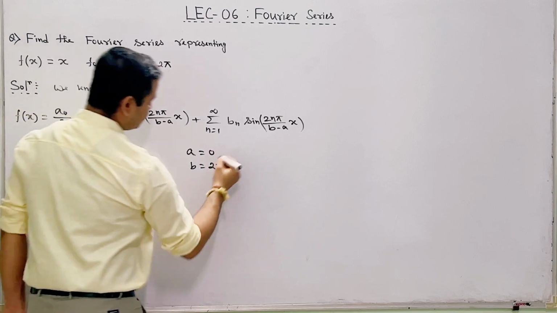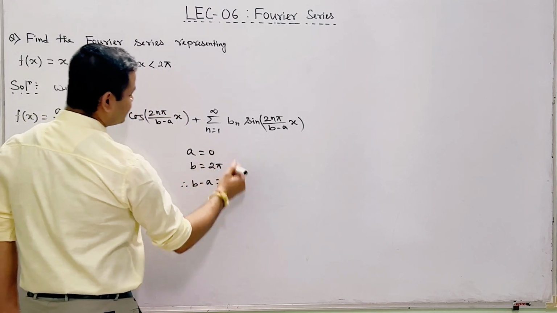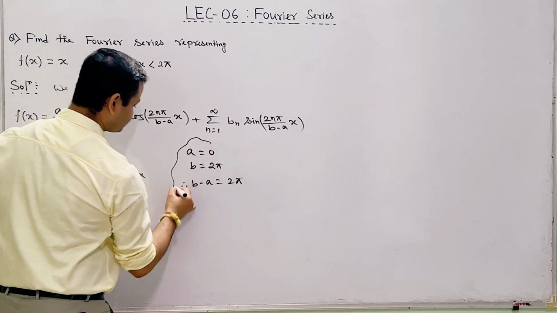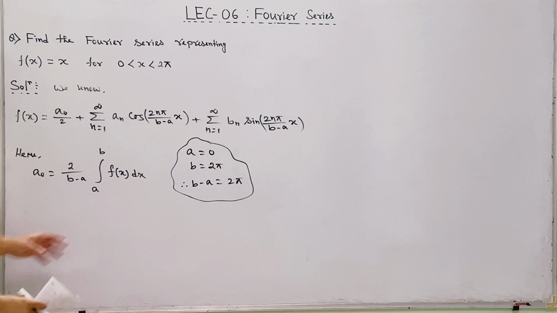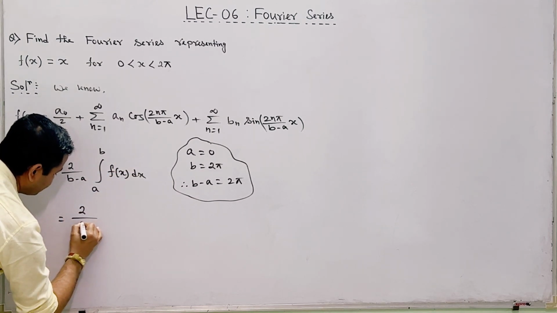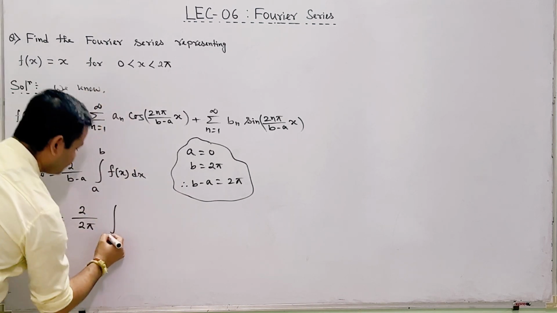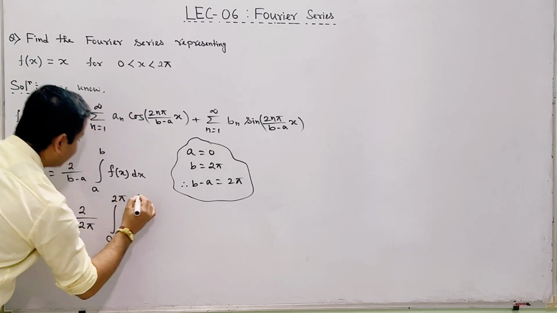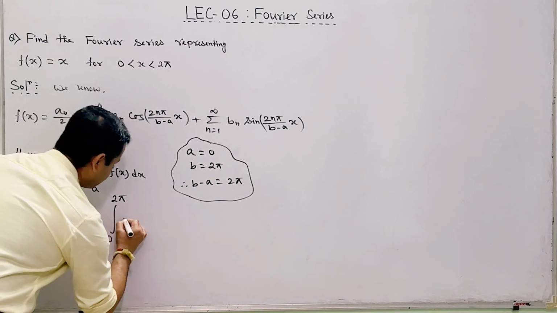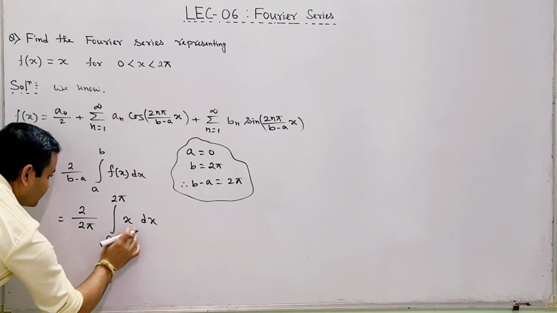So therefore b minus a is equal to 2 pi minus 0 is equal to 2 pi. So let us put these values. So 2 by twice pi integration lower limit is 0, upper limit is 2 pi, and according to this problem the value of the function f of x is x into dx.